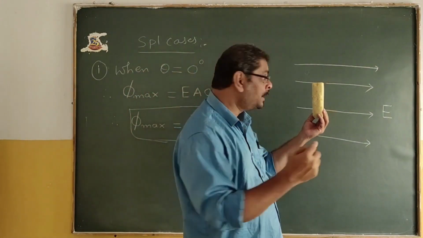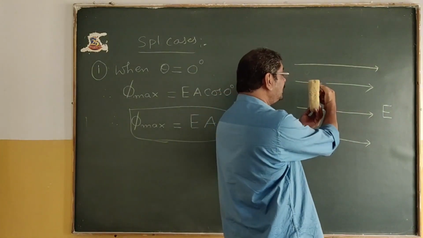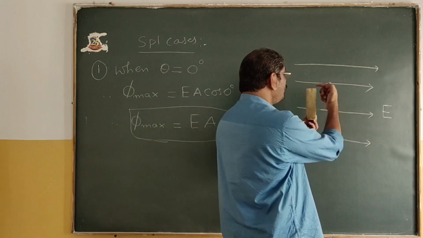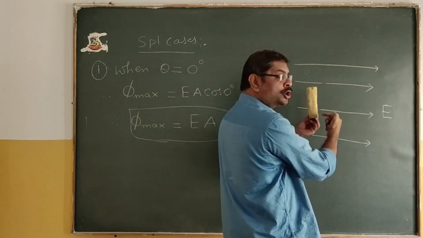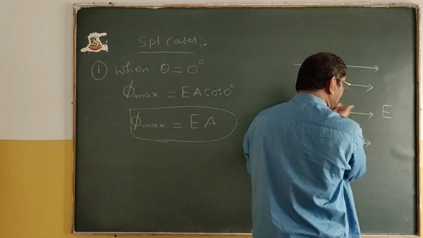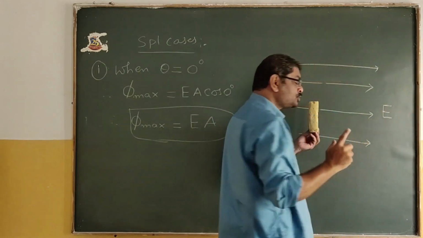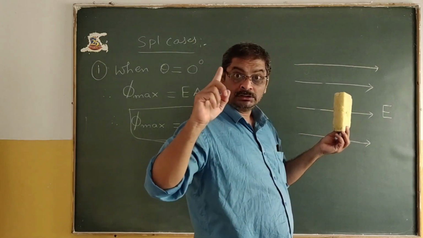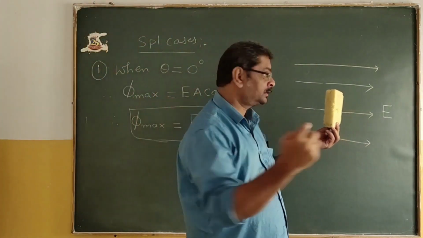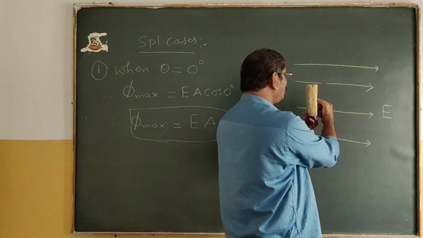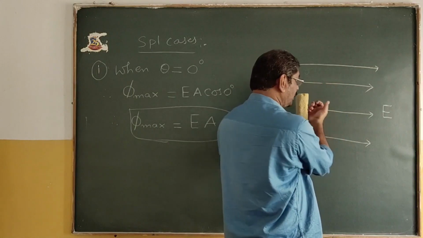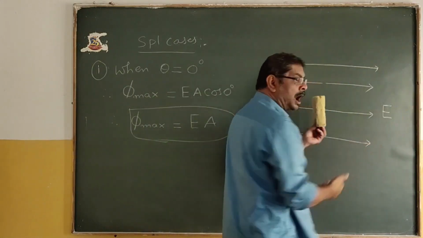You already know the direction of the area vector will be normal to the plane of the surface but acting outward.